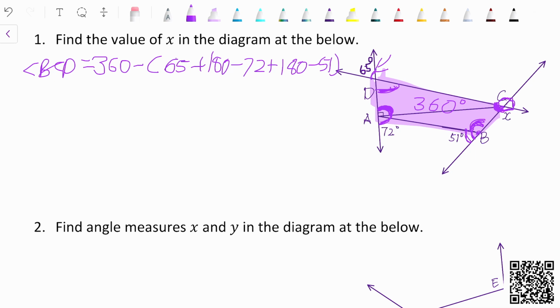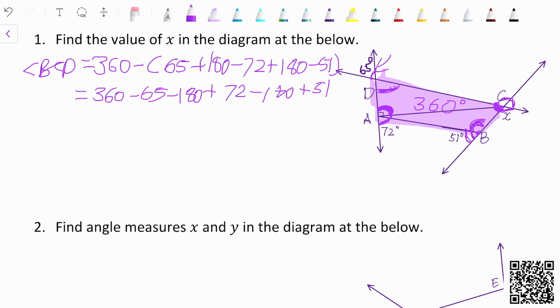Now that we've got our basic equation set for our first part, carrying on with this equation, we can open our parentheses: 360 minus 65 minus 180 plus 72 minus 180 plus 51.